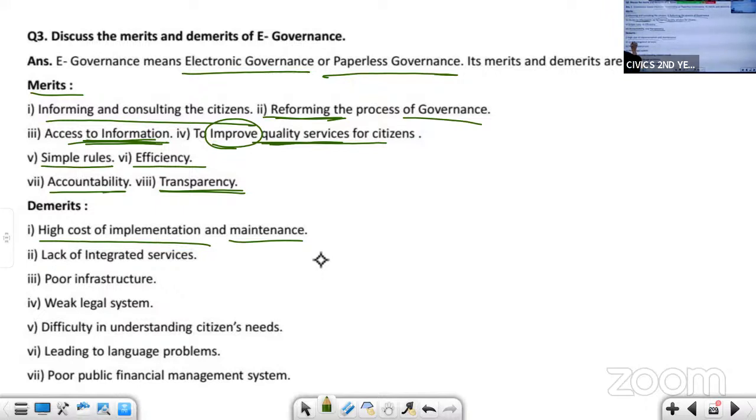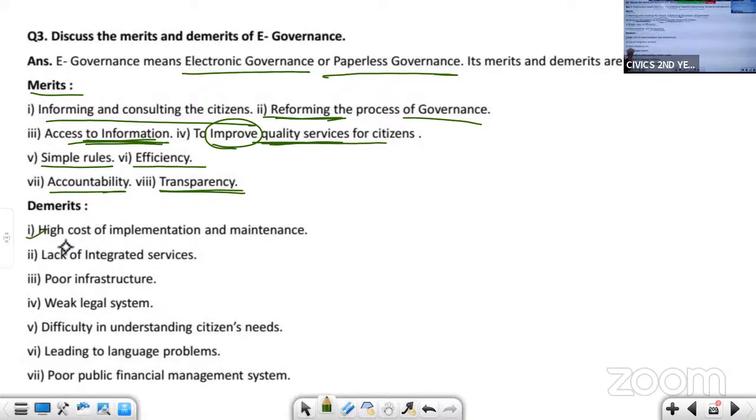So the cost of implementation is very high. Then maintenance is also very high. If anything goes wrong, then it takes a lot of time. High cost of implementation and maintenance. It is expensive.